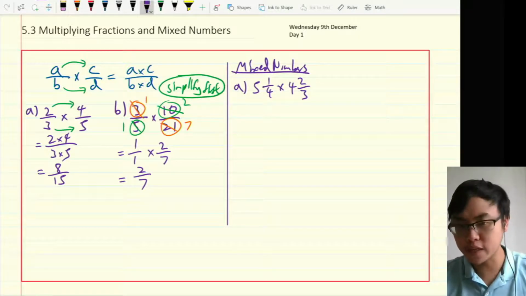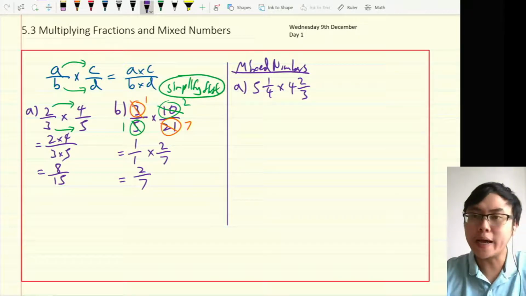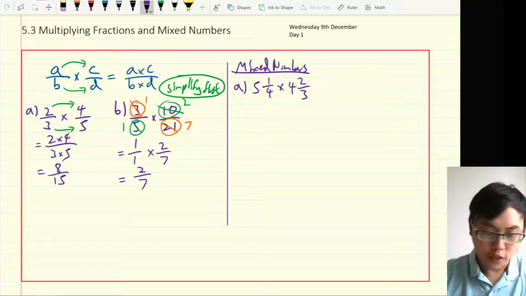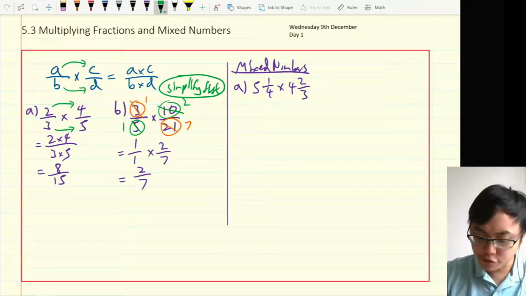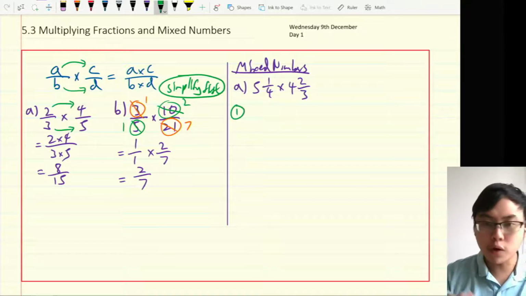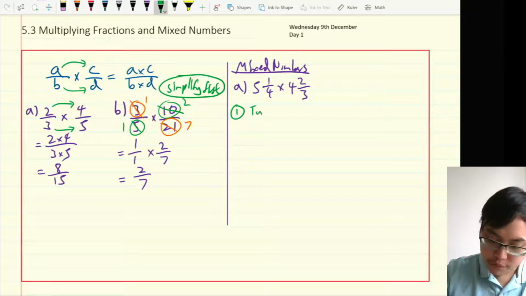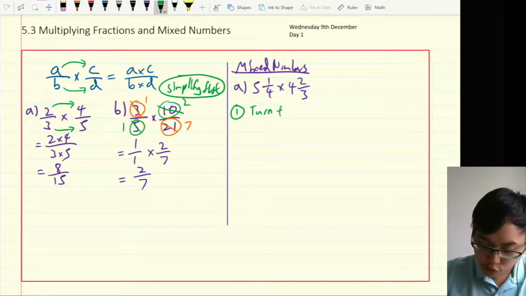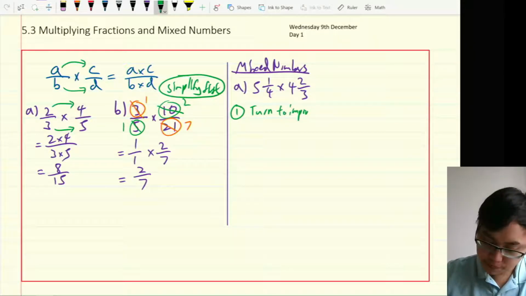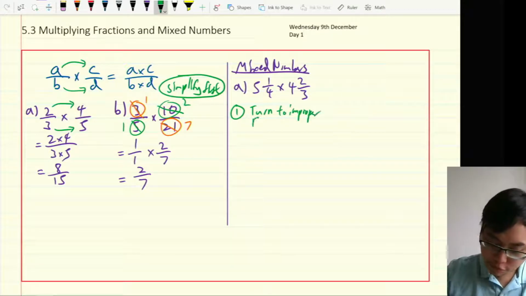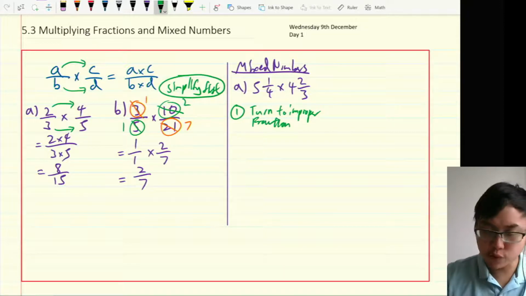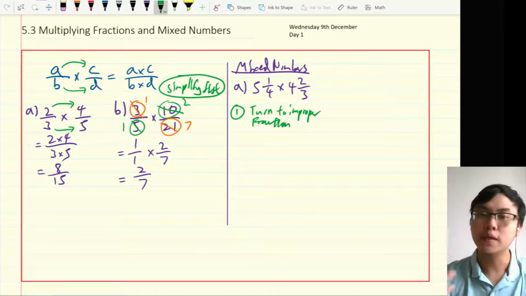It is not the same as adding and subtracting mixed numbers. So what you need to do in the first step, you always have to do this: turn these mixed numbers into improper fractions. You have to do this when it comes to multiplying mixed numbers.